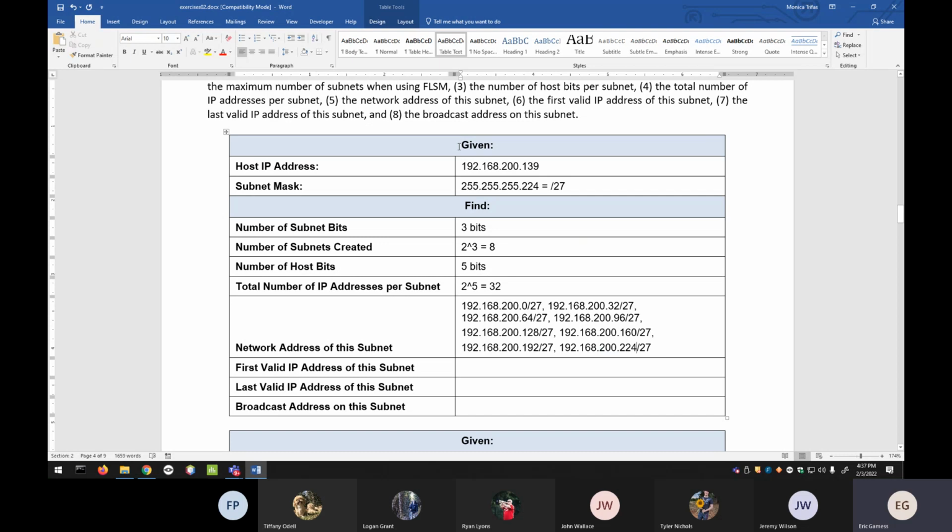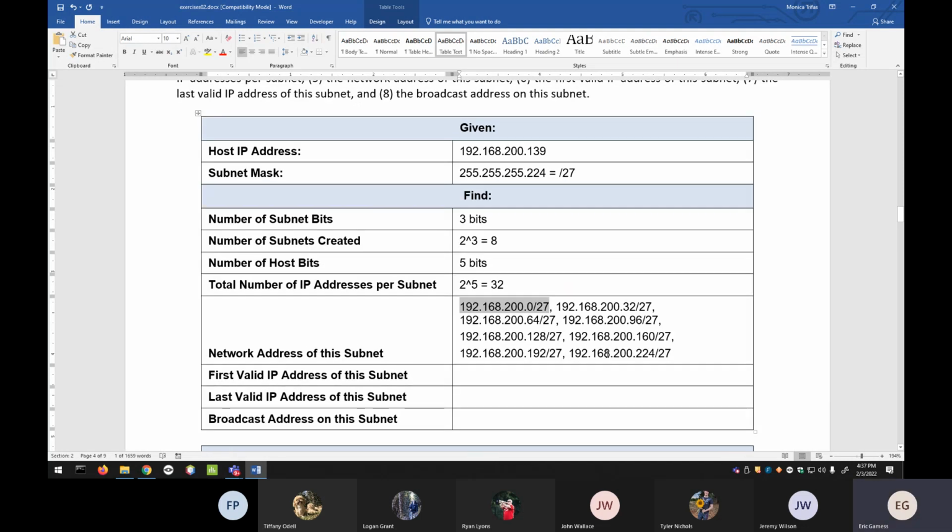So this IP address belongs to which subnet? Does it belong to the first subnet? What is the range of IP addresses in the first subnet? From .0 to .31, isn't it? The second subnet goes from .32 to .63. The third subnet goes from .64 to .95.